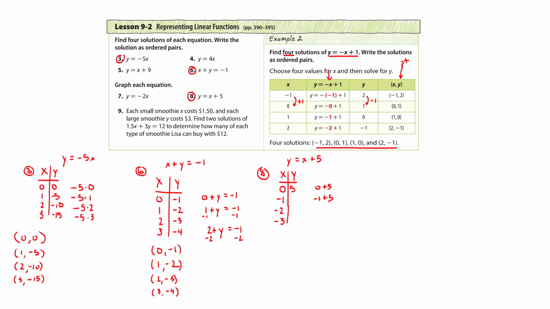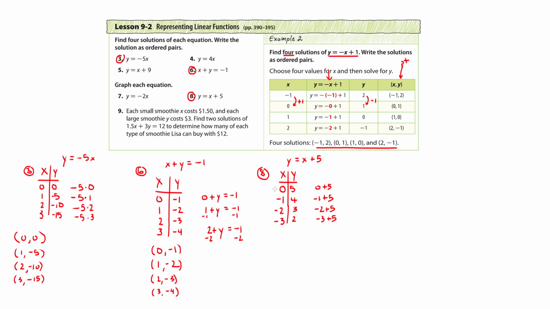So -1 plus 5 is 4, and you see the y went down 1 when I made the x go down 1. And again, any x's you want to pick are great. It doesn't really matter. I happen to choose these because I didn't want to keep going up higher than 5, because then my graph would have to go up higher than 5. So then I do -2 plus 5, and that's 3.